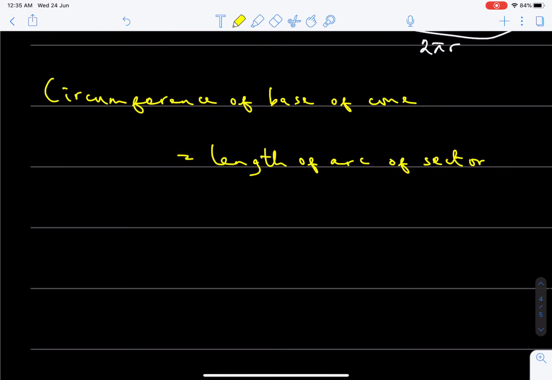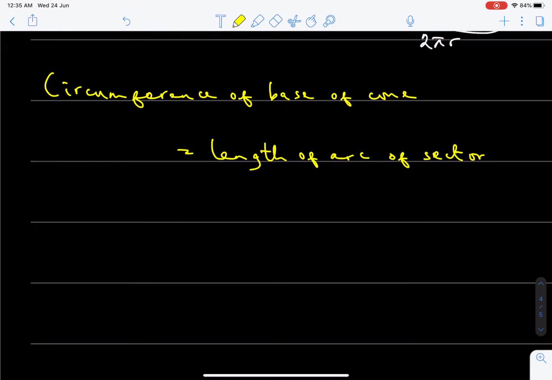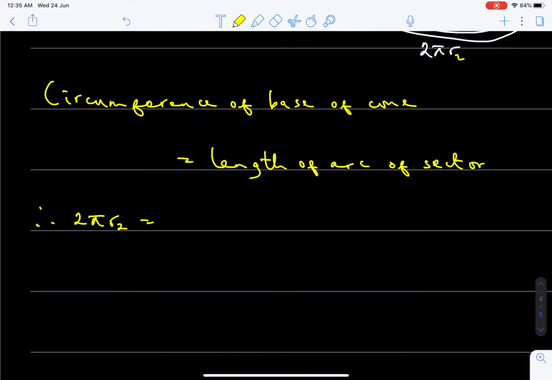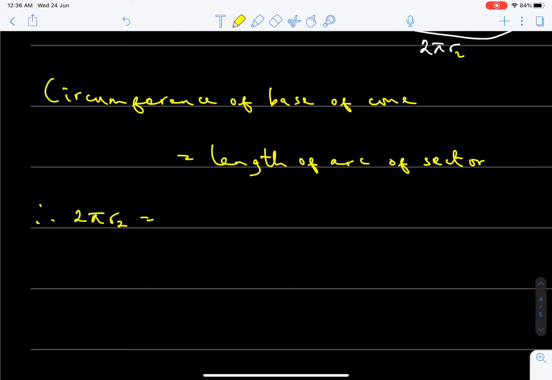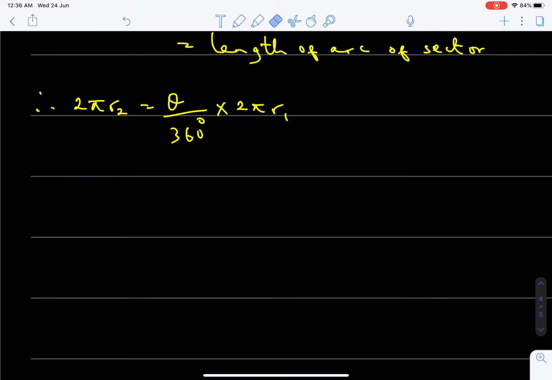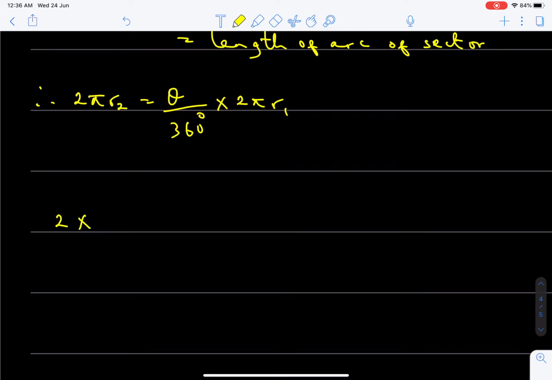They are the same. And we know what the circumference of the base of a cone is. That means 2 pi r. I decided to call it r2 so we don't get confused. Of course, this will be 2 pi r2. That means 2 pi r2 equals the length of the arc of the sector, theta over 360 degrees times 2 pi r1. R1 is the radius of the sector.